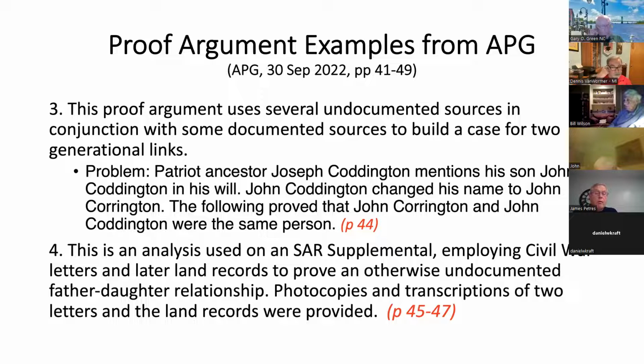Number 4, I like this one because it's an analysis for an SR supplemental. They had an undocumented father-daughter relationship, but they were able to use Civil War letters and later land records to prove this. So again, exhaustive research probably came up with enough information that they could build this relationship.